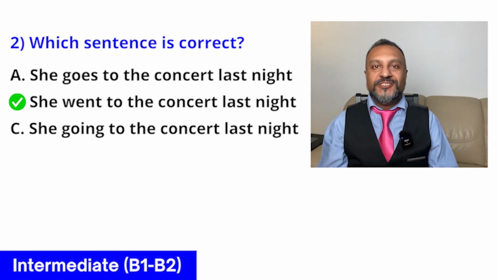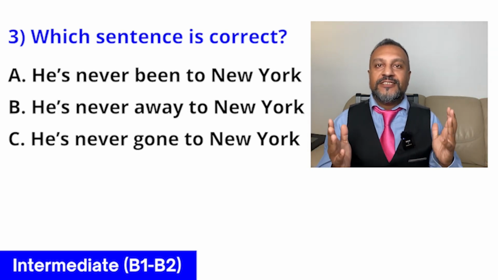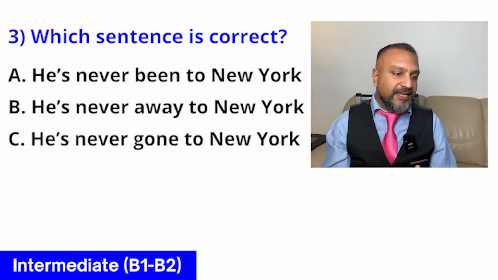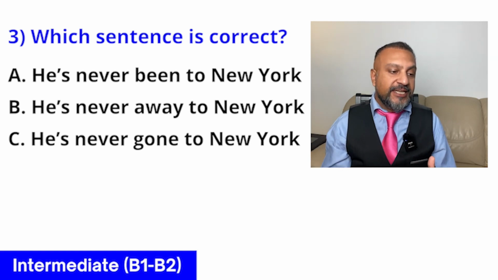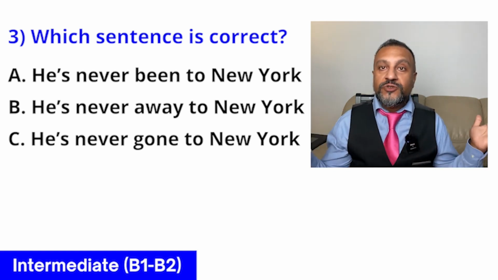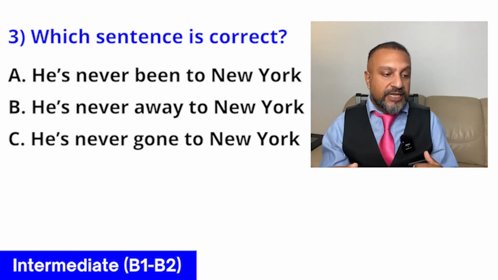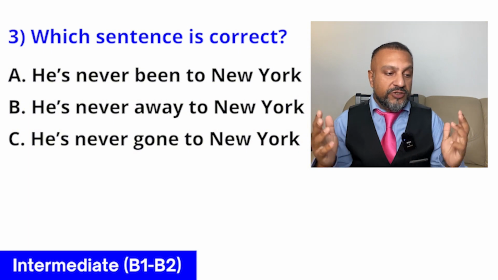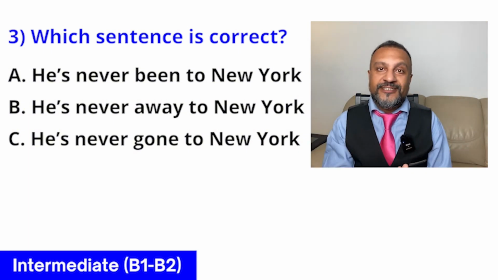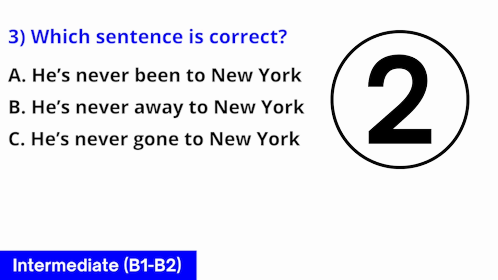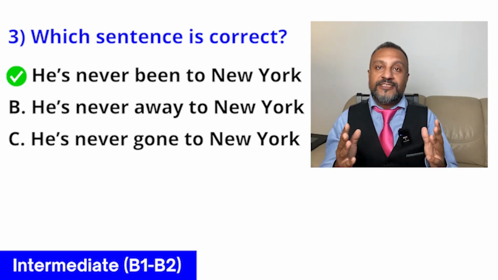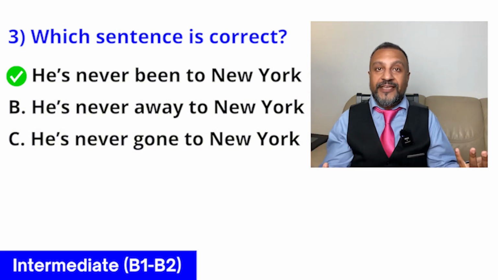The next question, which sentence is correct? He's never been to New York. He's never away to New York. He's never gone to New York. The answer is he's never been to New York, but why?